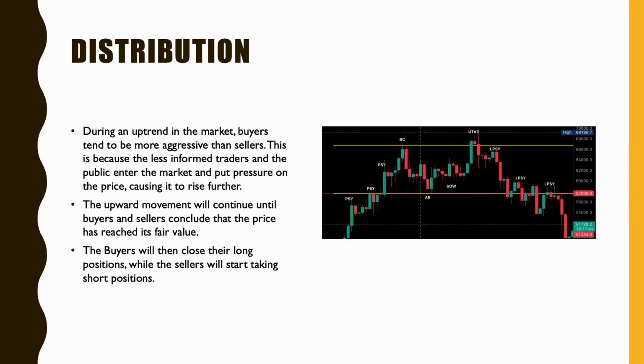After they have finished marking the price up, when they see initial signs of trend exhaustion, they get rid of their supply, closing their long positions and taking short positions to ride this stock or other security down until it enters an accumulation range again.